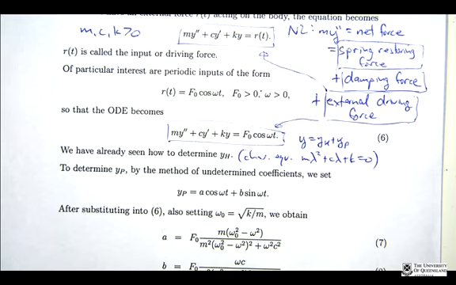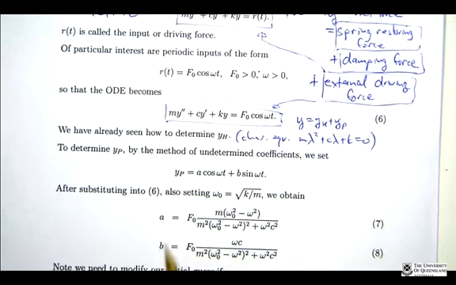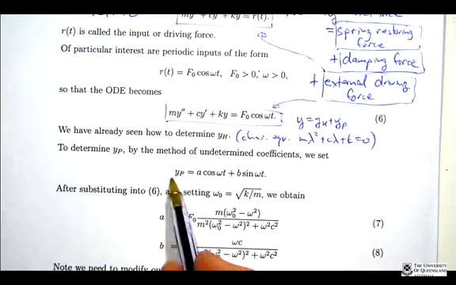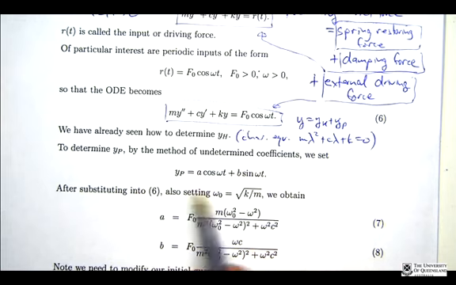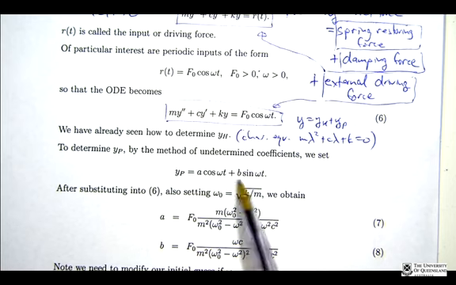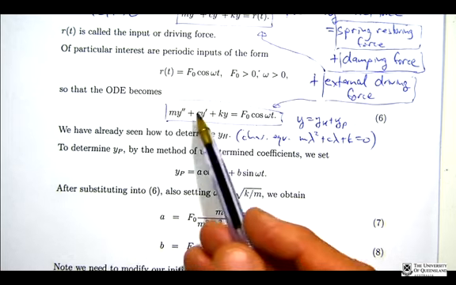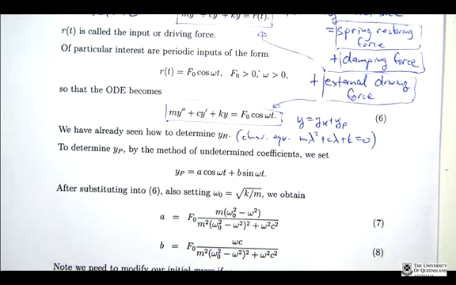So one thing we can do is, just making that educated guess, substitute that into the left-hand side of the equation and then match up coefficients.